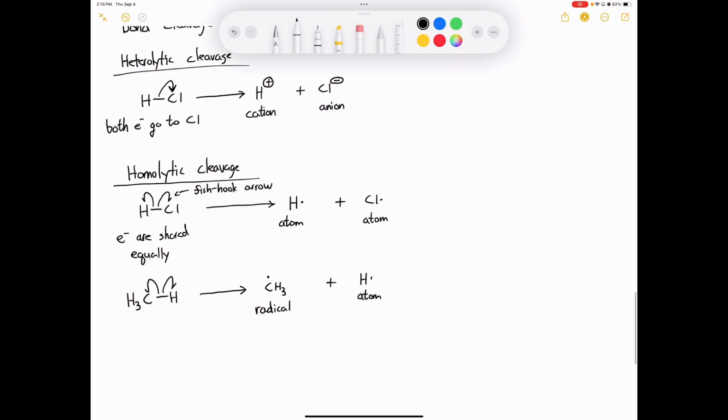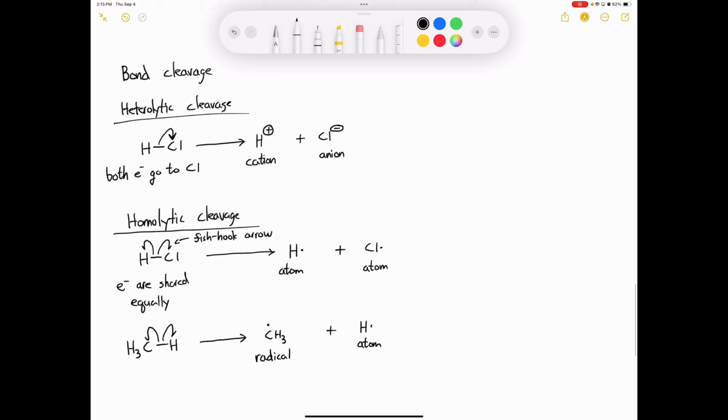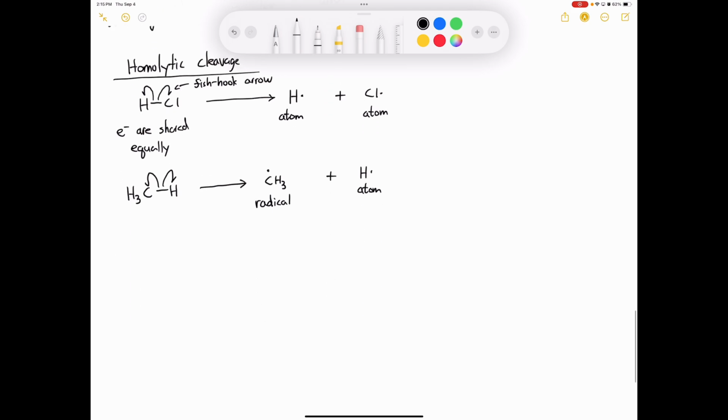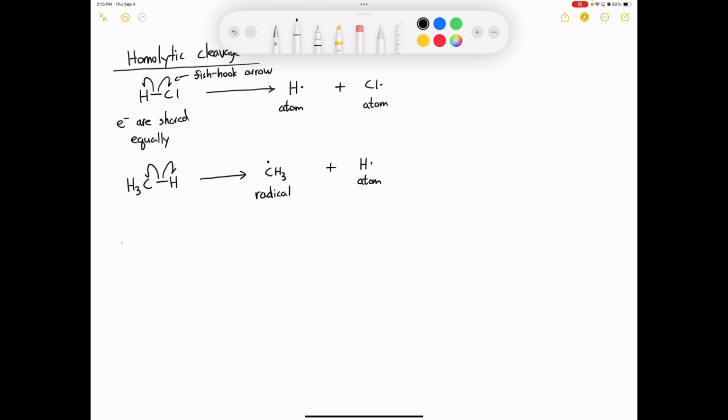When we draw arrows like this, this is what we call electron pushing. That's pretty much what we'll see when we write mechanisms. So it's important that you understand how this works, because it'll make going through mechanisms a lot easier. But anyway, let's talk about bond dissociation energy now.